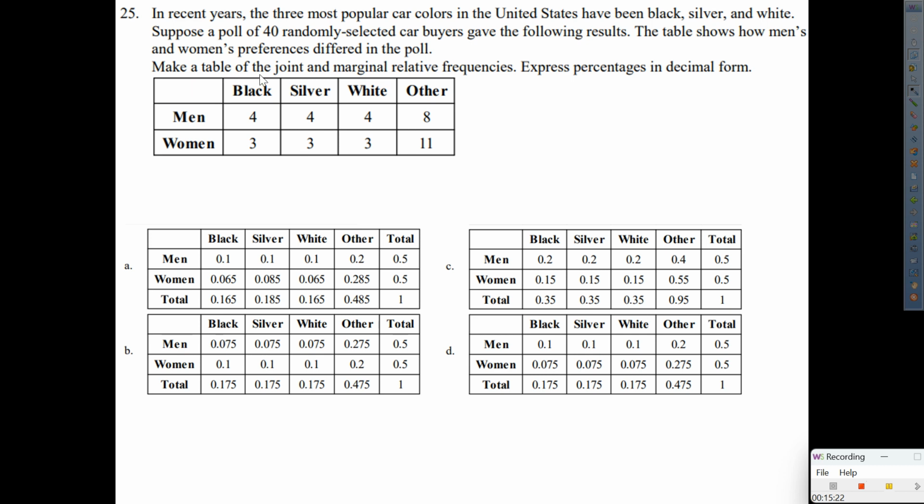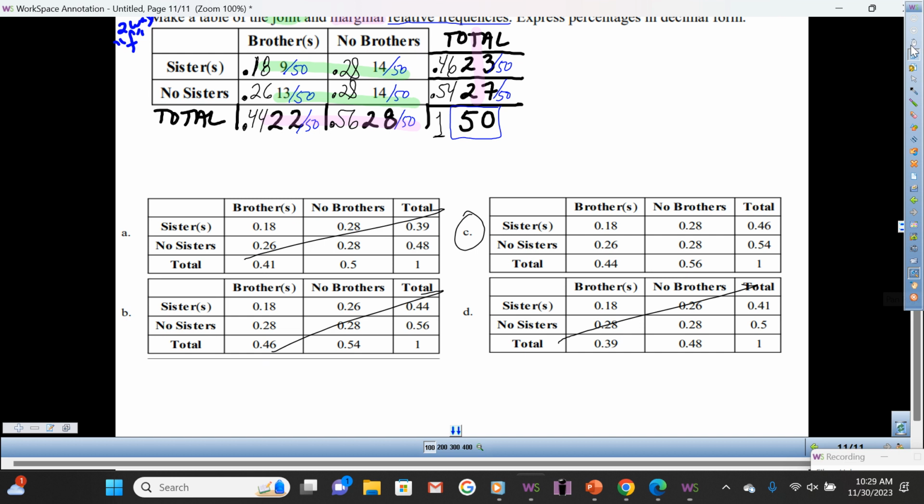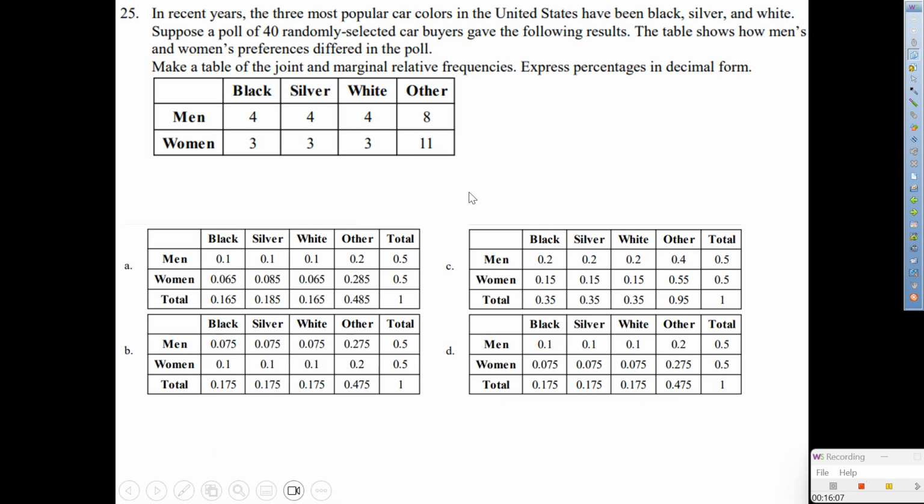Make a table of joint and marginal relative frequencies. Express the percents as decimals. Do we know how to do relative frequencies now? Do we need to do this one? Okay, copy the table. You can zoom in.